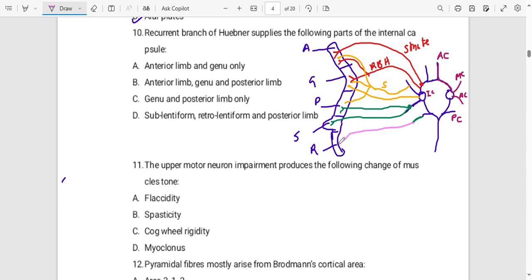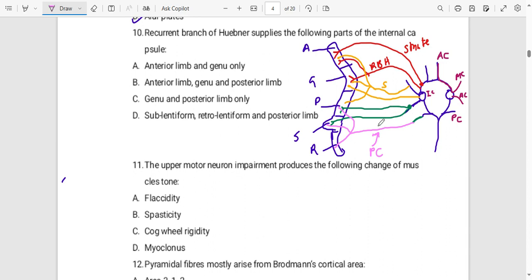You can see you have got the retrolentiform part, you have got the sublentiform part, and then you have got the posterior limb of the internal capsule. So this is the blood supply to the internal capsule. This is the posterior cerebral, supplying retrolentiform, sublentiform, and posterior limb.